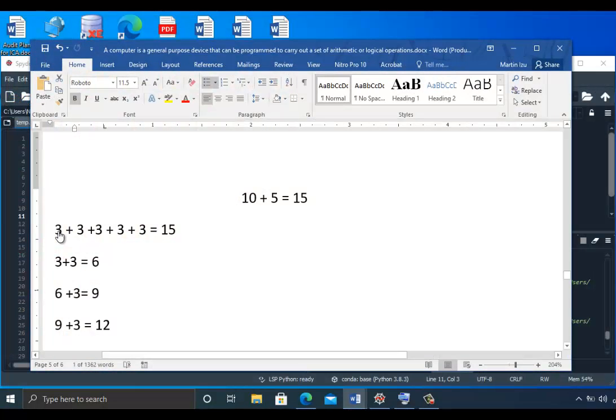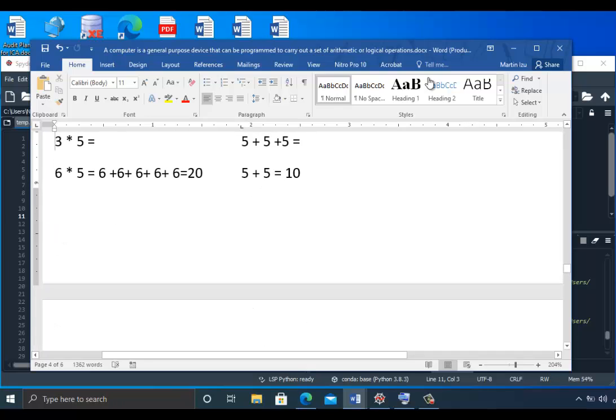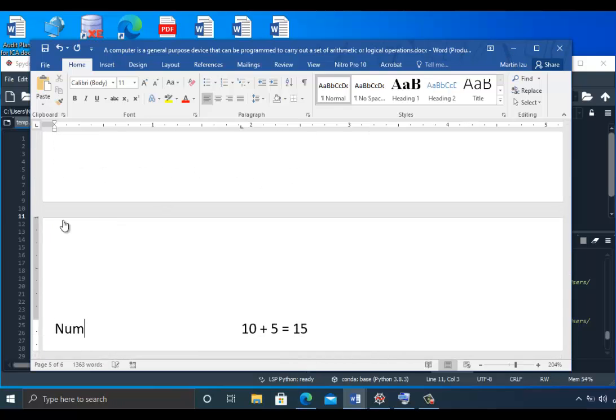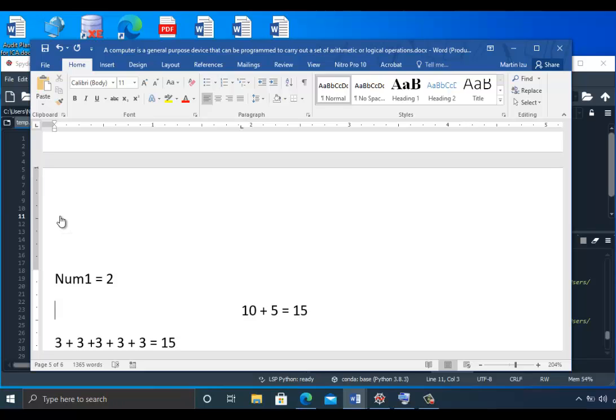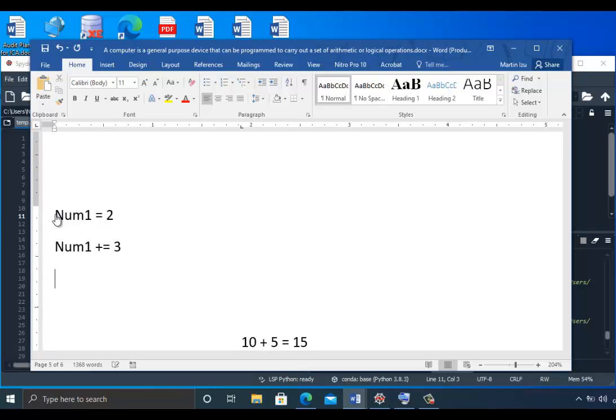I'll give you a typical example. num1 is assigned the value 2. So num1 plus equal 3. What this simply means is that the computer, the interpreter or the processor is going to carry out this operation first: 2 plus 3.